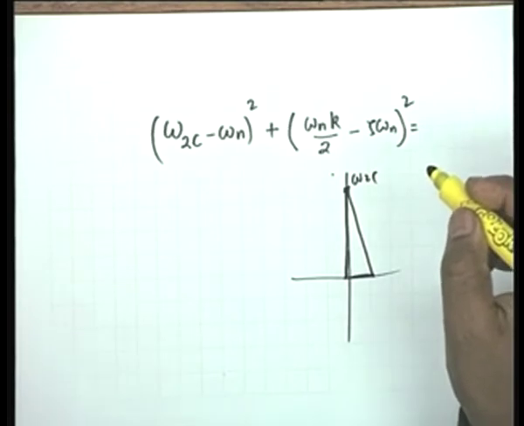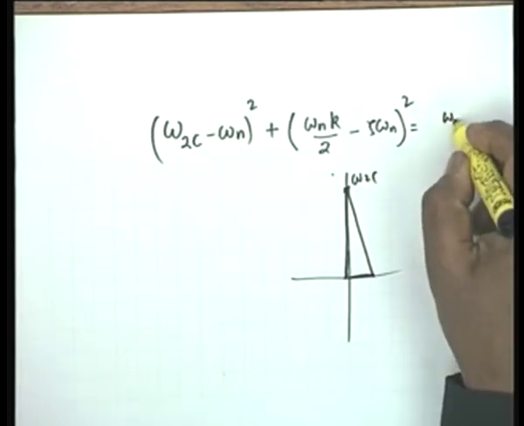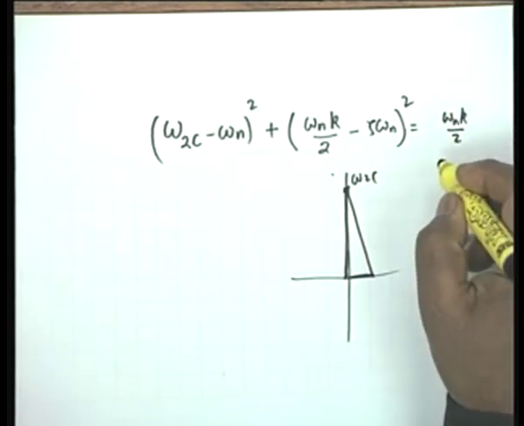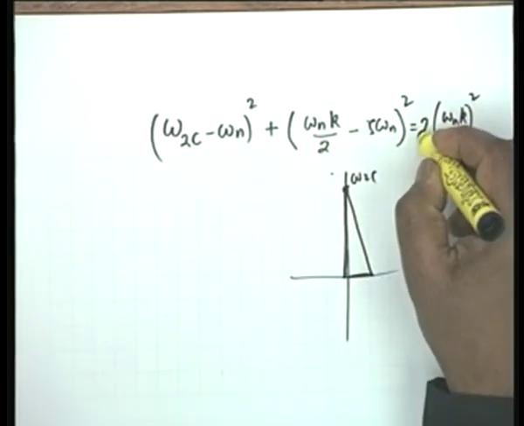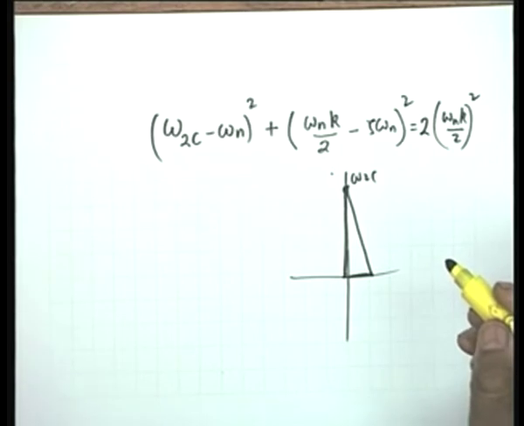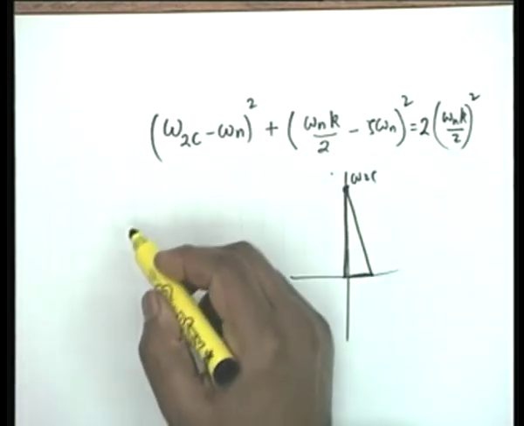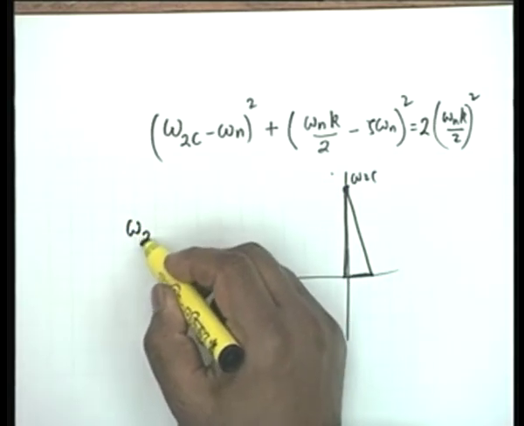Root 2 into omega n k by 2, which was the radius, into root 2, squared. No, I am taking this square, so this multiplied by 2. Alright, from which we can find out omega 2c and omega 1c.